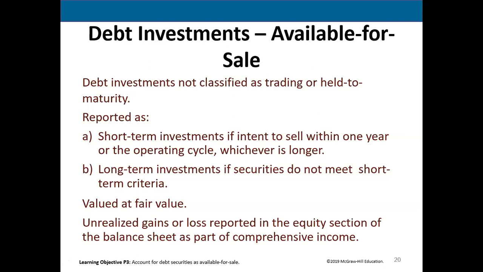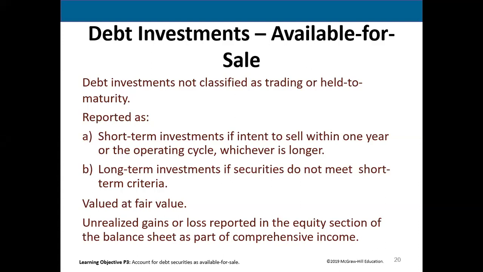What if instead you say, I want to hold it for another year or 2 years, and it matures in 5 years? Okay, then it would be considered long-term because you're holding it for more than a year. Available for sale securities, debt securities, are always valued at fair value at the end of the year, just like trading. But here's the major difference.